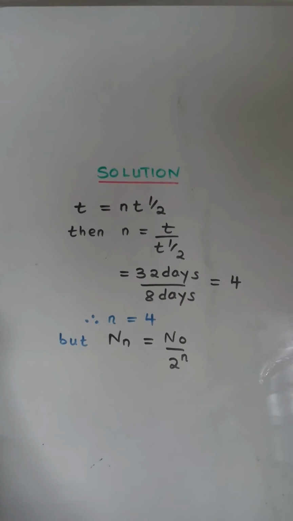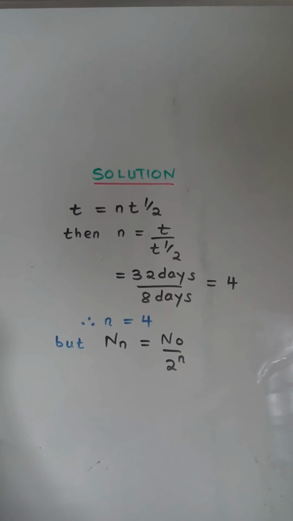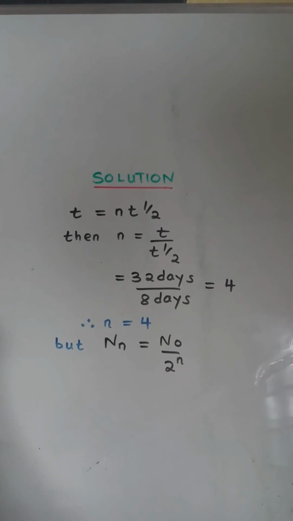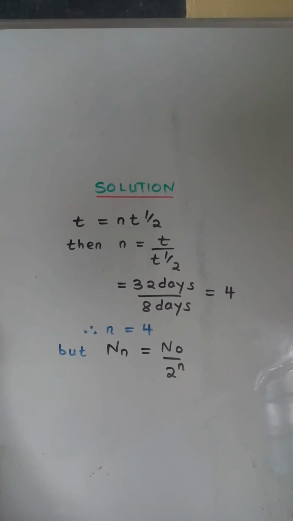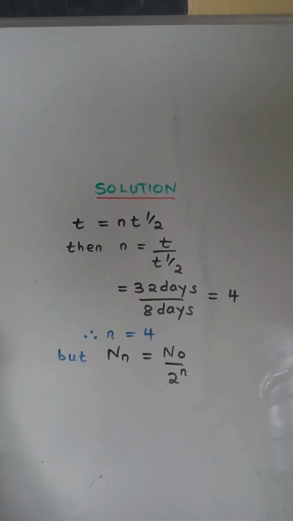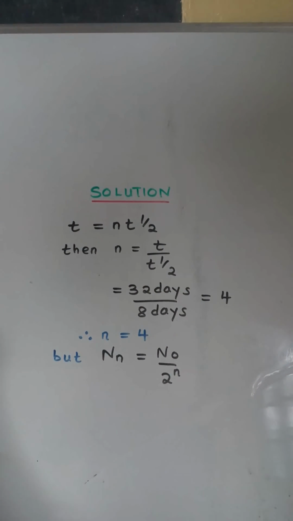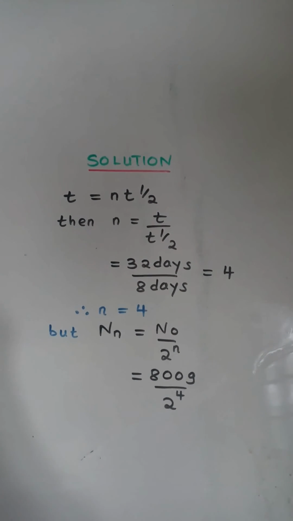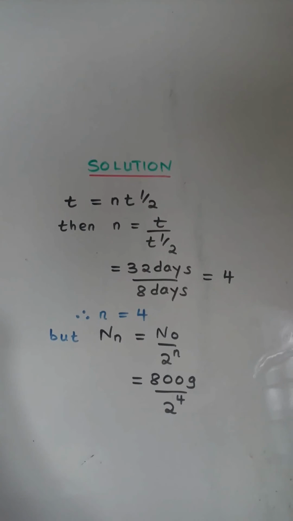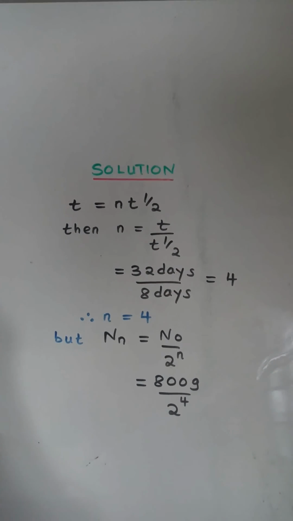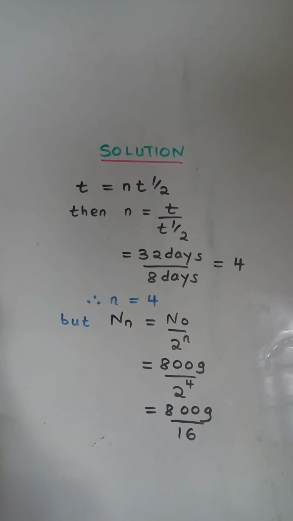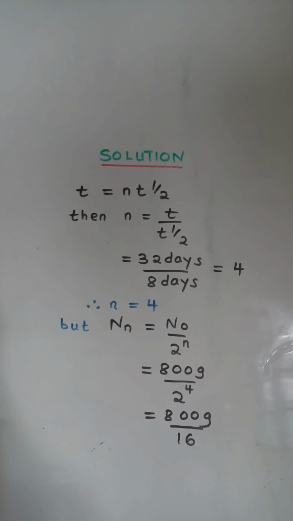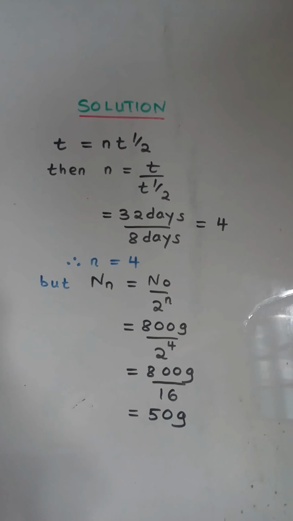But the sample of iodine 131 remaining is equal to the sample of iodine present over 2 raised to number of half-lives n, which is equal to 800 grams over 2 raised to 4, which is equal to 800 grams over 16, which is equal to 50 grams.